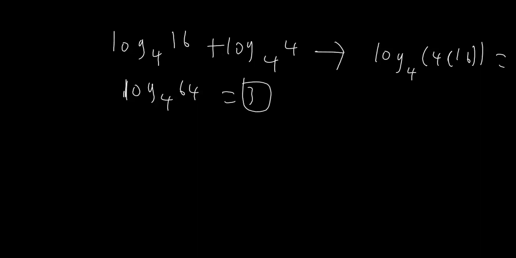Now you can validate that, since log base 4 of 16, my bad, is actually 2. So this can be written as 2 plus 1, since log base 4 of 4 is just 1, which is then equal to 3. So we get the same answer.